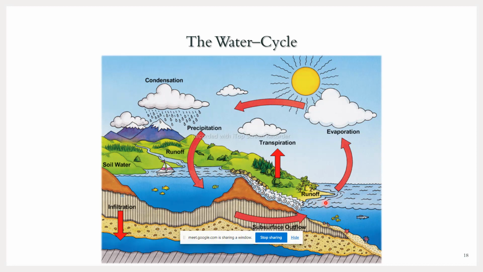There is a rate with which water from the water bodies is either transpired with the help of vegetation or evaporated. Those are together called evapotranspiration. And there is a rate with which those are going back to the glaciers and getting deposited in the form of ice on top of the glacier.